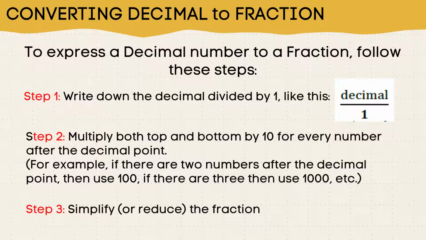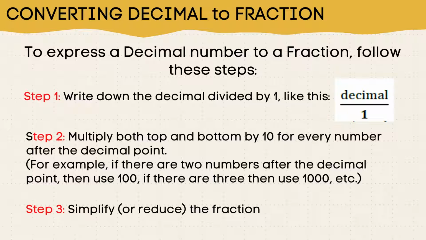And then for step 2, multiply both top and bottom by 10 for every number after the decimal point. But it depends on how many digits there are, okay? So if you have one digit, you are going to make use of 10. If you have two digits in the decimal part, you are going to use 100. If 3, 1,000, so on and so forth.